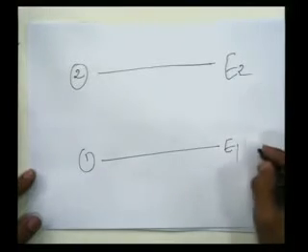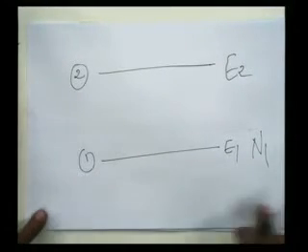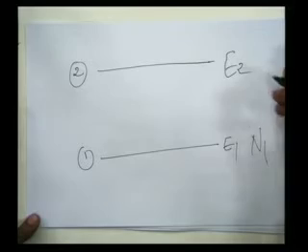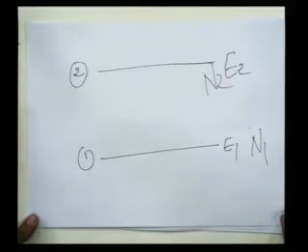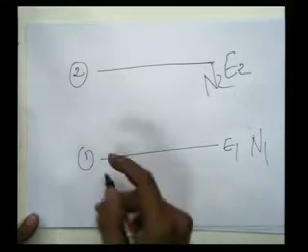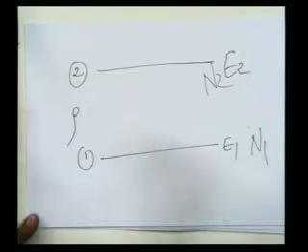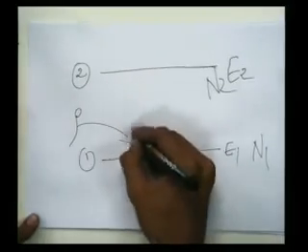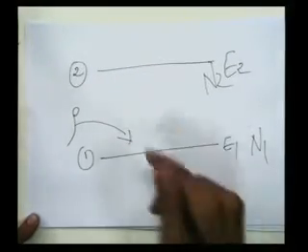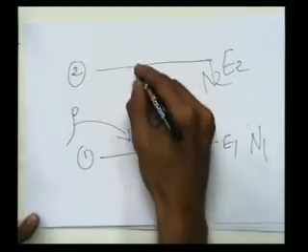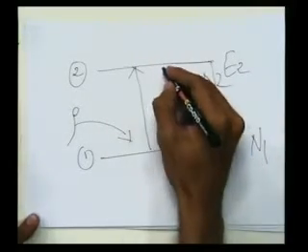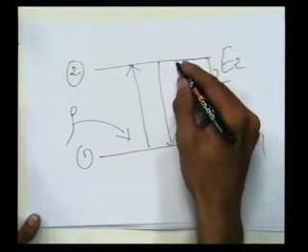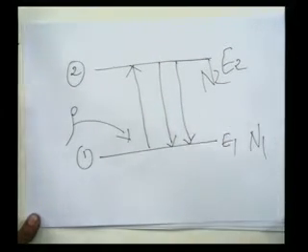Let N1 be the number of electrons associated with the energy level E1, and N2 the number of electrons associated with the energy level E2. Now rho is the density of the external photons incident on this particular atom. Due to this, your electron can go from E1 to E2, and via two processes, stimulated emission and spontaneous emission, they can come down.